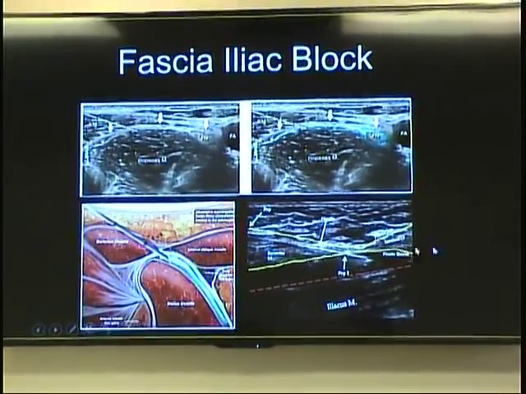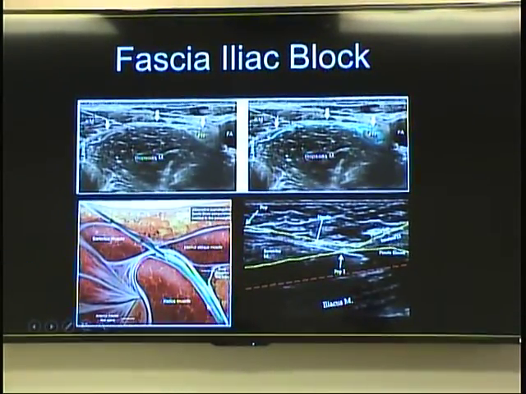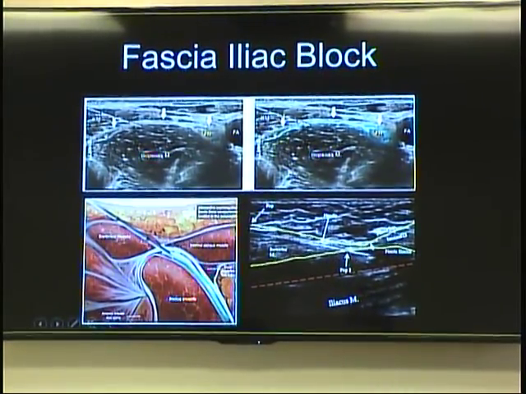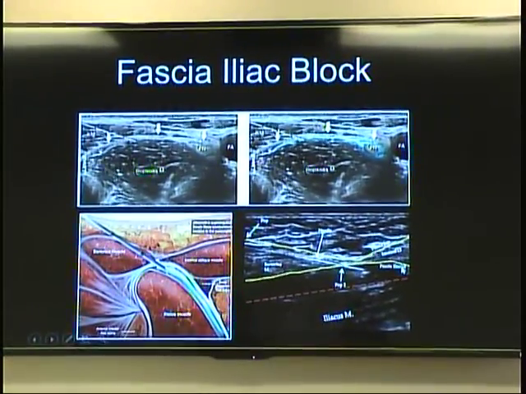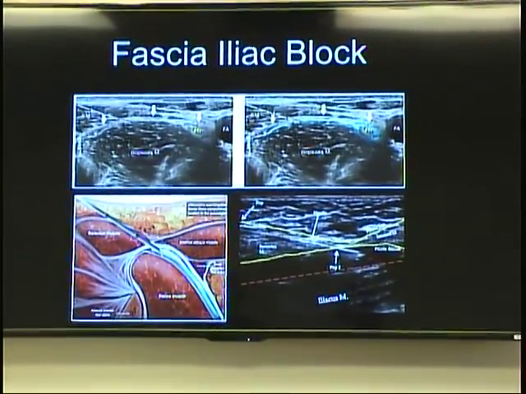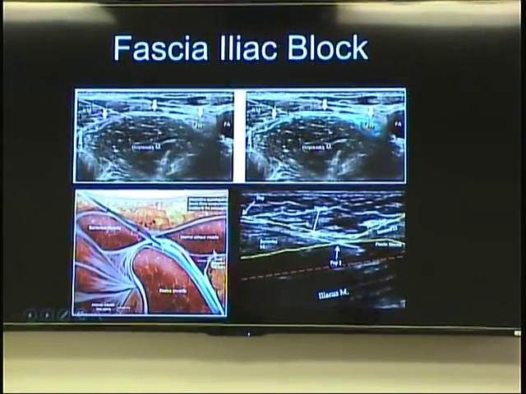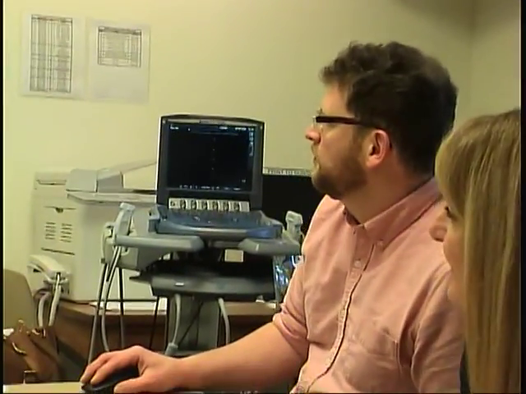This side is closer to the head and this side is closer to the feet, and it sits on top of the iliacus muscle. We call this the bow tie, so we're looking for this bow tie. You have to use your imagination. It's kind of like astronomy, or is it astrology, with constellations. It looks okay in the left picture; in the right picture it's harder. But you're looking for the bow tie and trying to spread all that local anesthetic there.